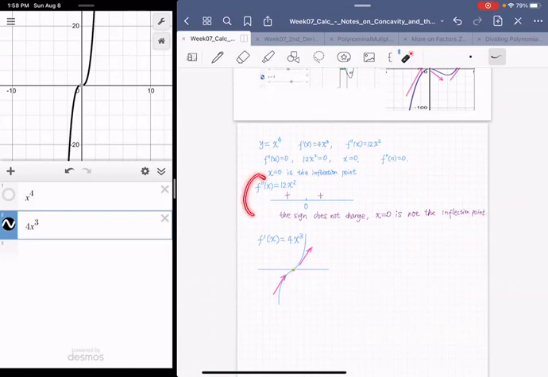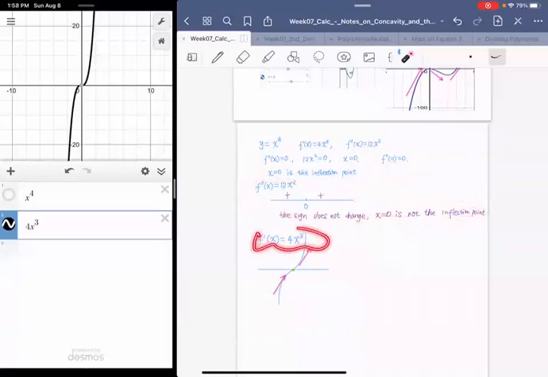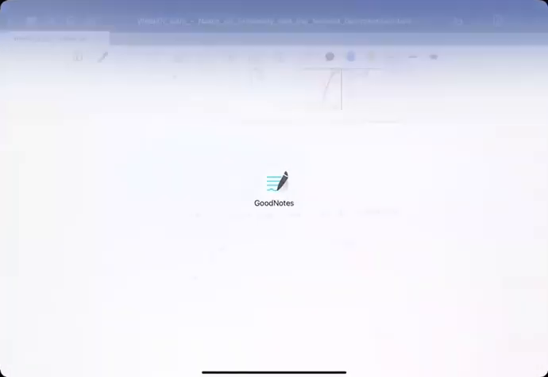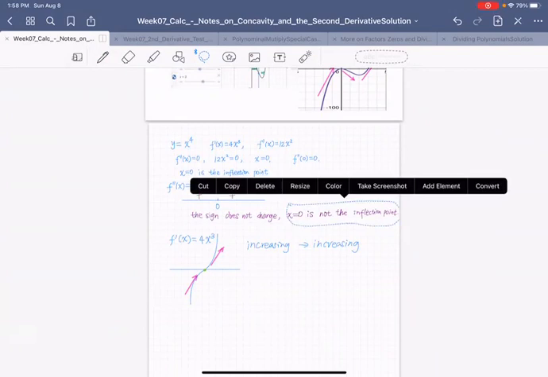So you can use the second derivative way. This is not an inflection point. Or you can check the first derivative. Increasing. Again, x equals 0 is not the inflection point. Does this make sense now?